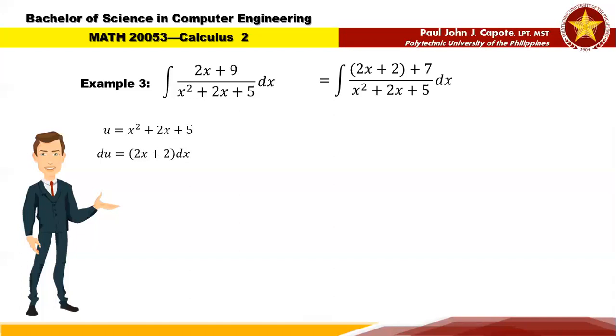So we have the integral of the transformed expression of the numerator, which is 2x plus 2 plus 7 over x squared plus 2x plus 5 dx. But why express 9 as the sum of 2 and 7 and then apply the associativity rule? Later, we'll know.